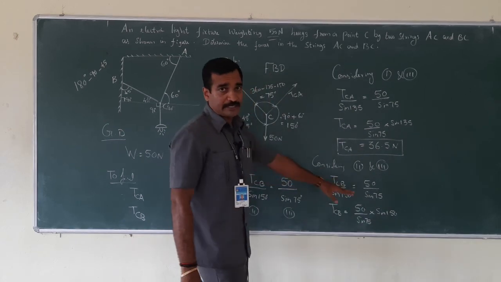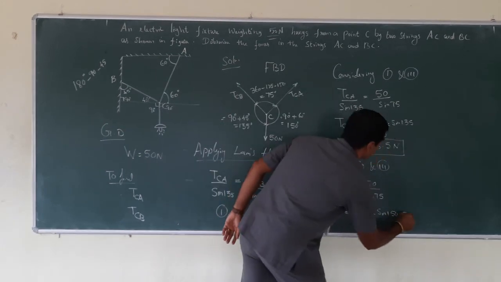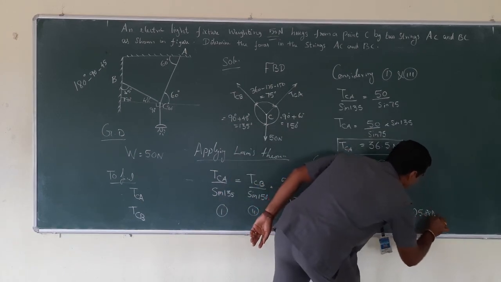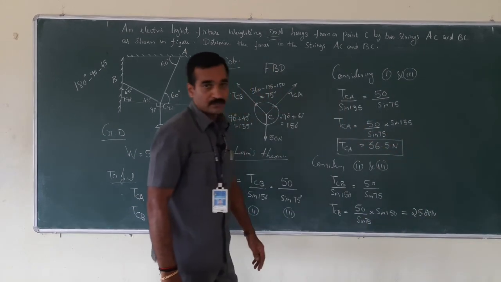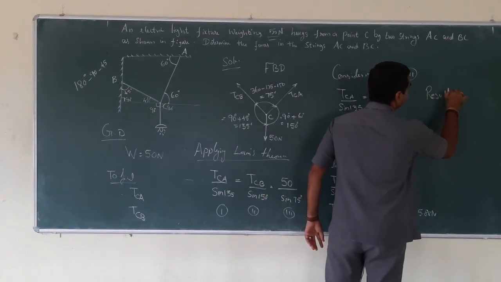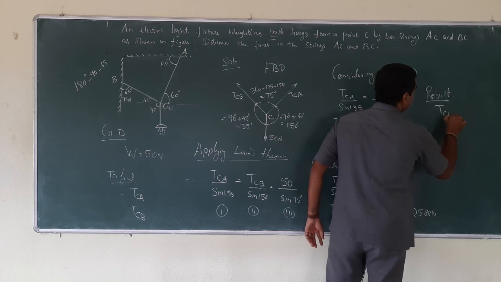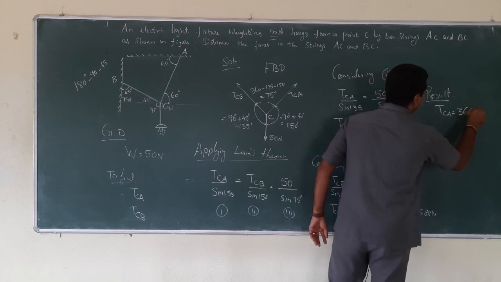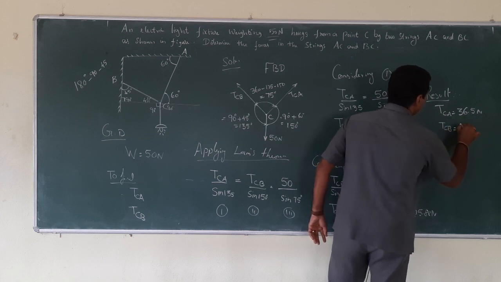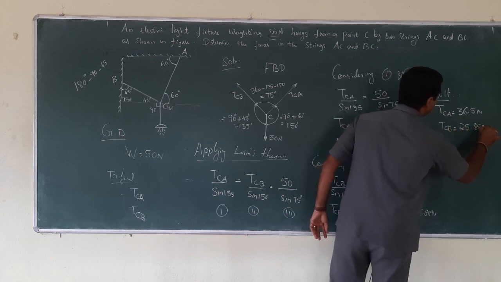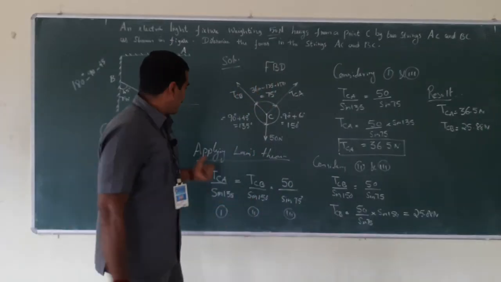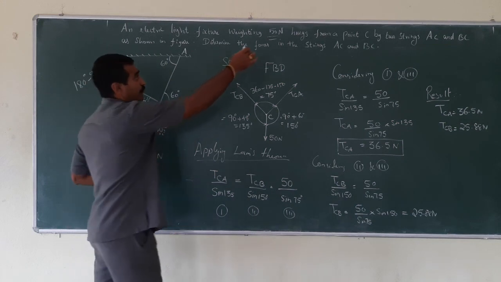By using the calculator, you can arrive at the value, which is TCB equal to 25.88 Newton. Got it? So, the result: TCA value is 36.5 Newton and TCB value is 25.88 Newton.